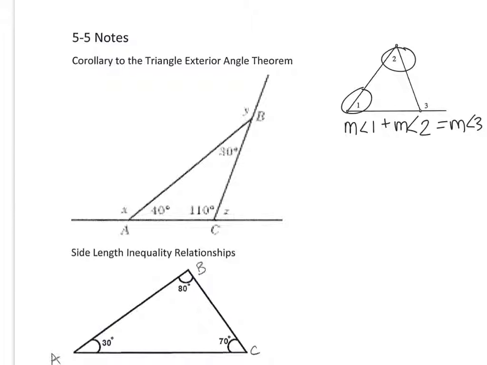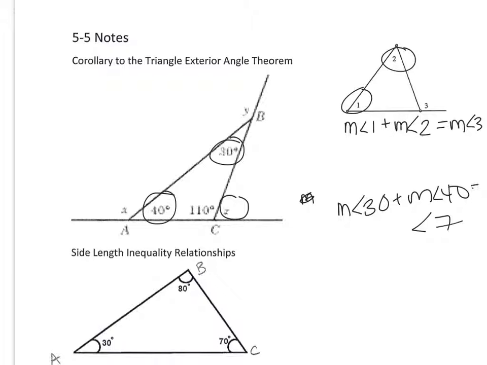The corollary reads that the measure of the angles, so 40 plus 30, has to be less than z. Less than angle z, not equals.